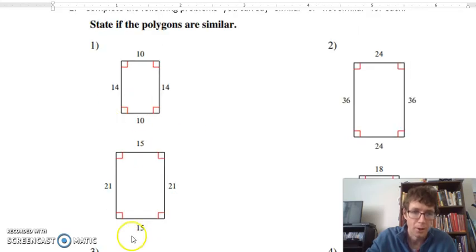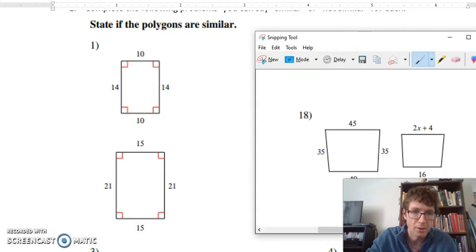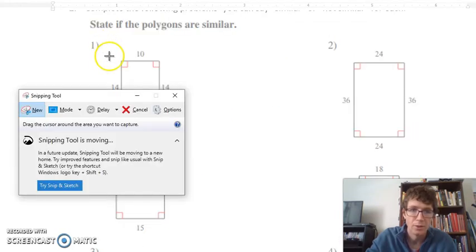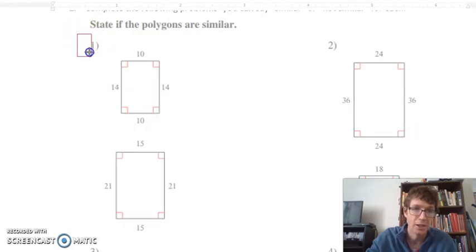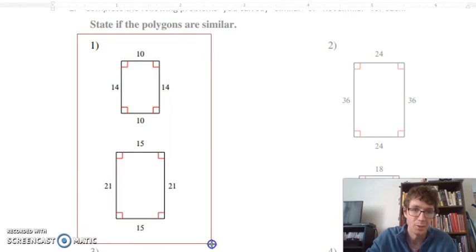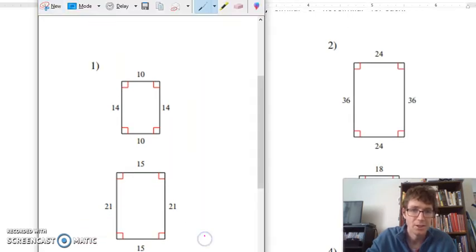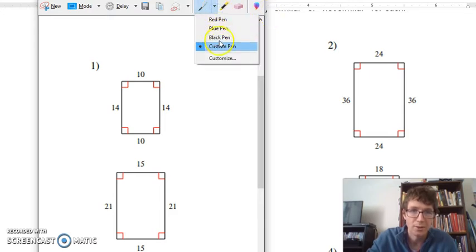Well, I'll start with number 1. So all we have to do here is just state if the polygons are similar. So I would say similar or not similar. For this one here, first, let's just match our corresponding sides.